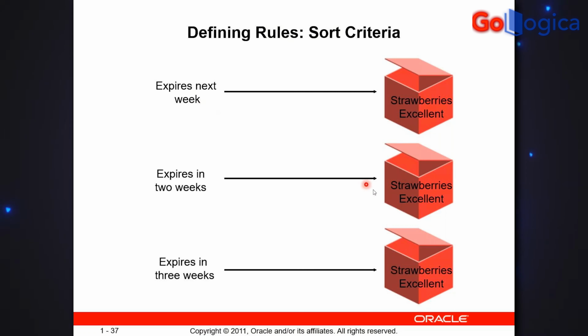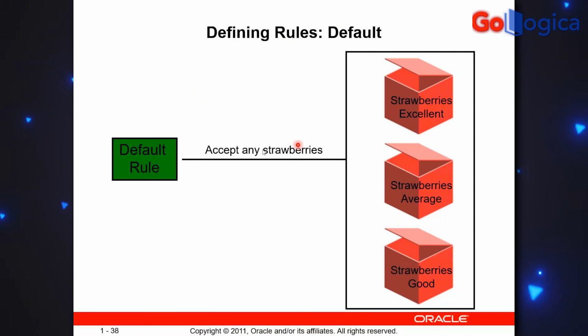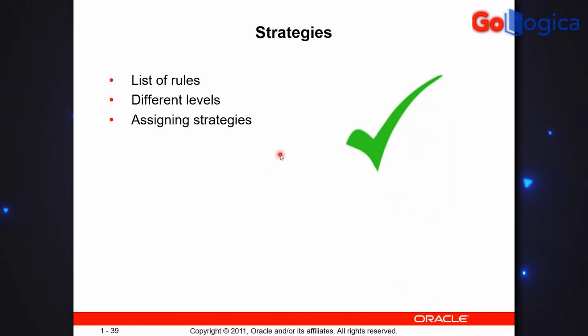These 2 weeks are also excellent. 3 weeks also excellent. All these things you can set up in sort criteria. You can set up the default rules also. So all the good, average, and excellent, any kind of material is there, it can be accepted and it can be allocated against a sales order likewise.